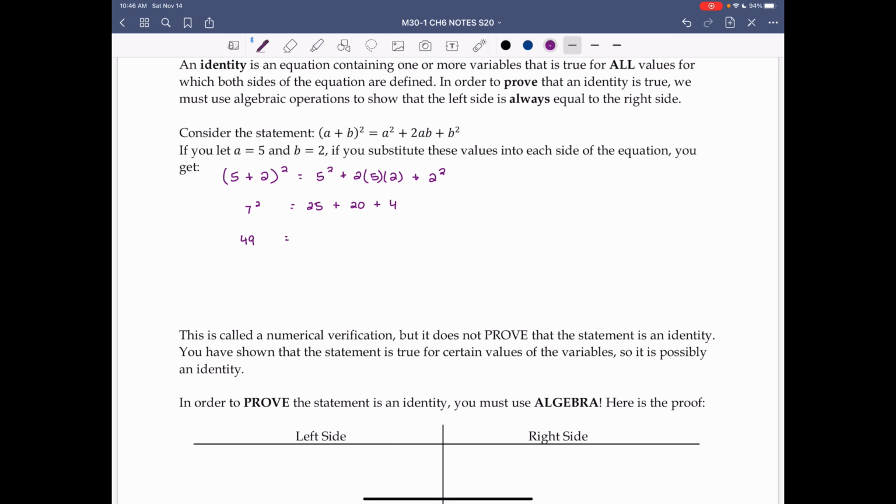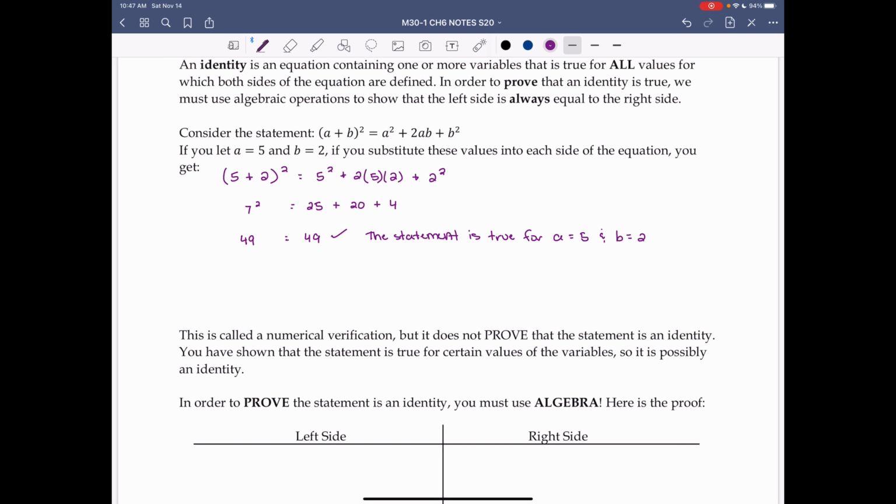And on the right side, 25 plus 20 is 45, plus 4 is also 49. So the left side equals the right side. That tells us the statement is true for a equals 5 and b equals 2.